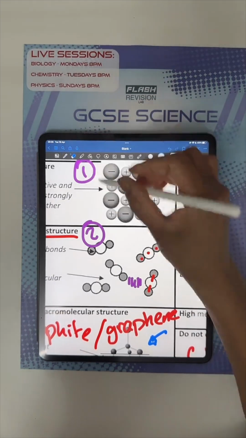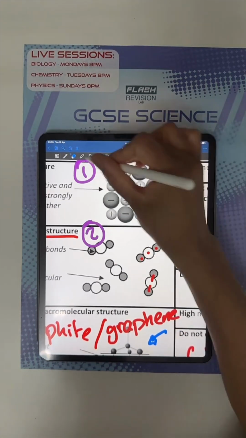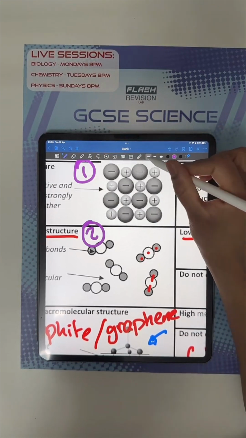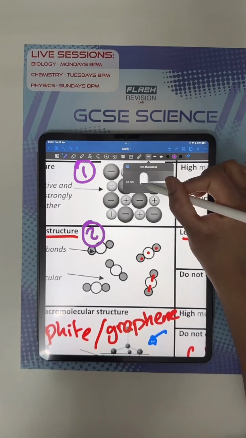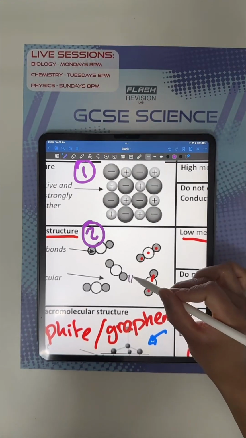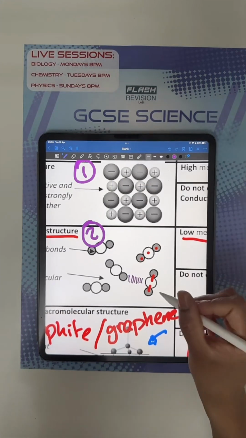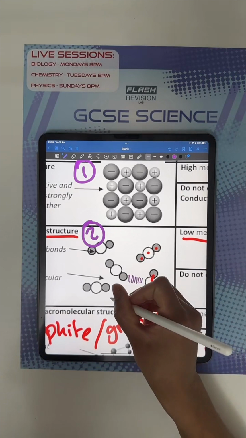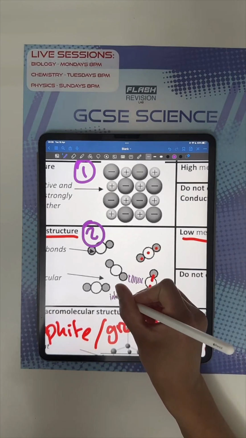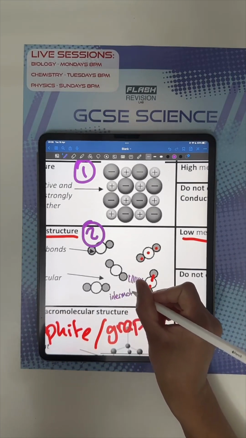Let me use a thinner pen. So between the molecules, you have another bond. So the red one here is a covalent bond. The purple one is an intermolecular force.